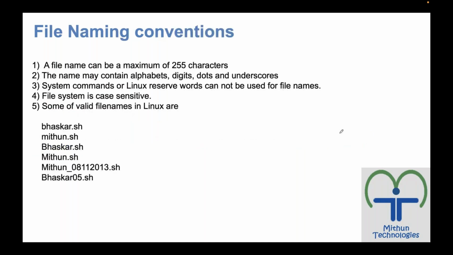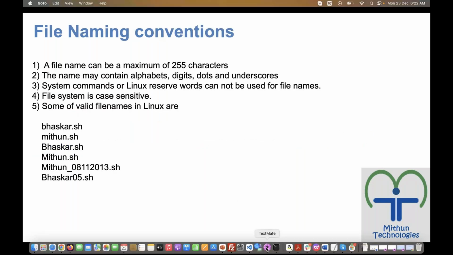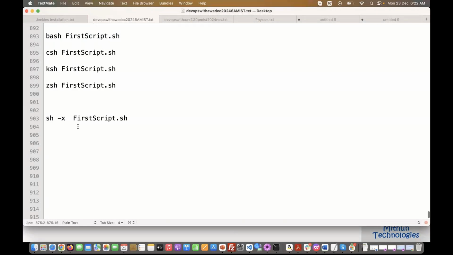So the next one is file naming conventions. We have given the file name as first script.sh, with a few characters. Like this, you can give up to 255 characters as the file name, but we are not going to give that many.